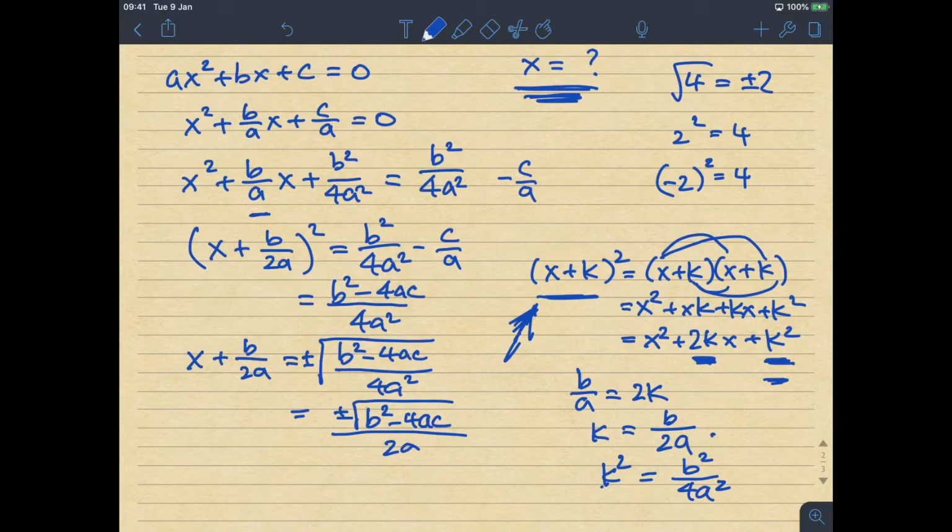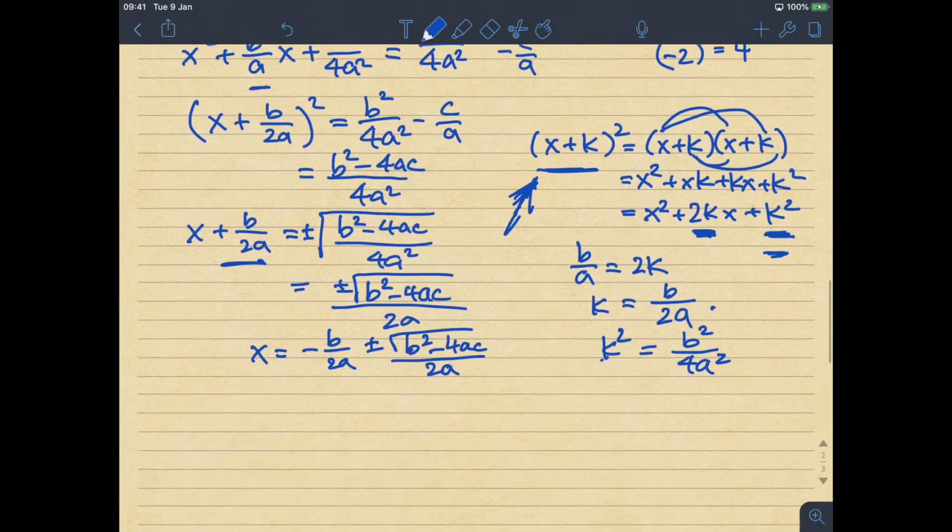Now finally we want to get rid of this term here so that we have x only on the left hand side. So we have x is equal to minus b over 2a plus or minus the square root of b squared minus 4ac over 2a.